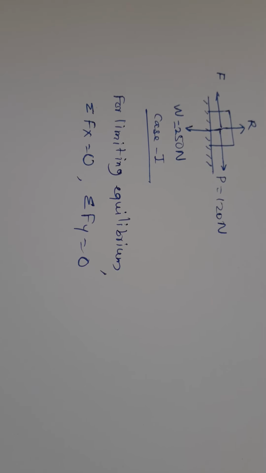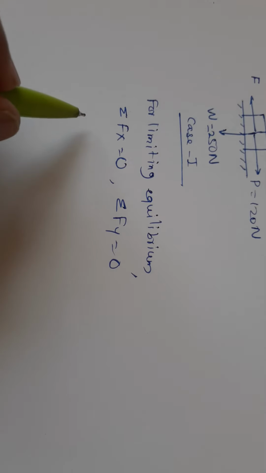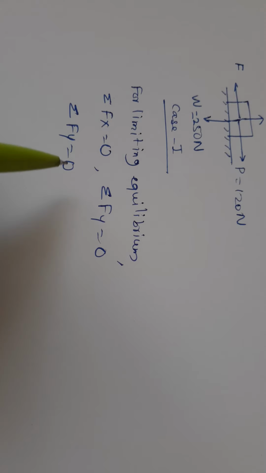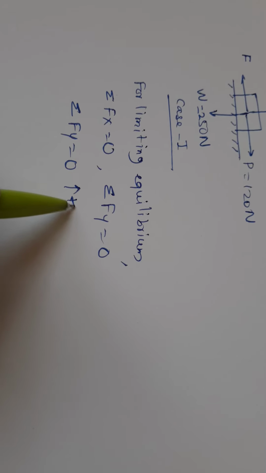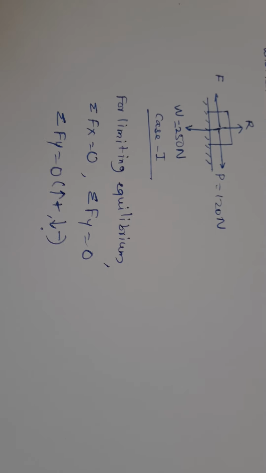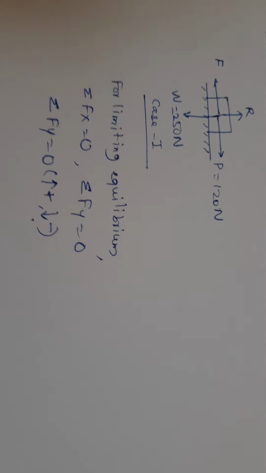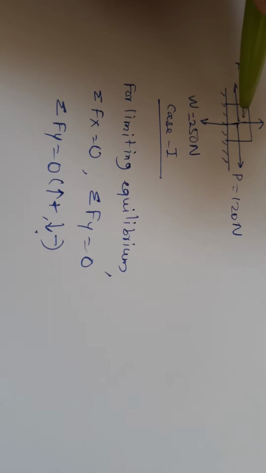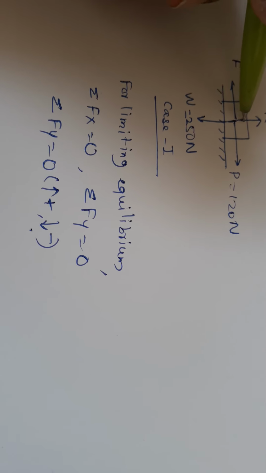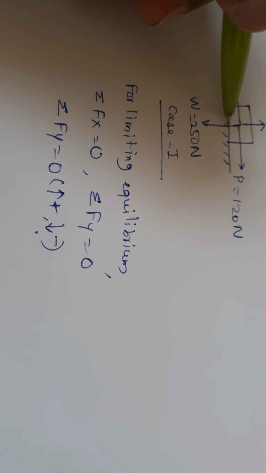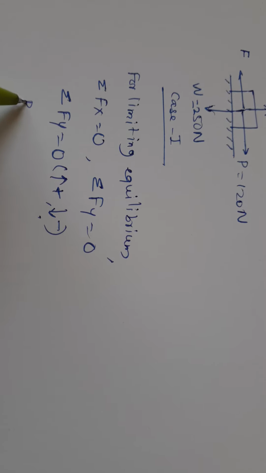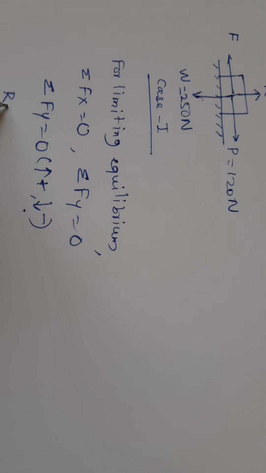We will take first the summation of all forces acting in y direction as 0, and as per sign convention, upward force we will take as positive, downward force as negative. From this free body diagram, the forces in y direction are upward force R and downward force W. We take R as positive as it is upward, W as negative as it is downward.